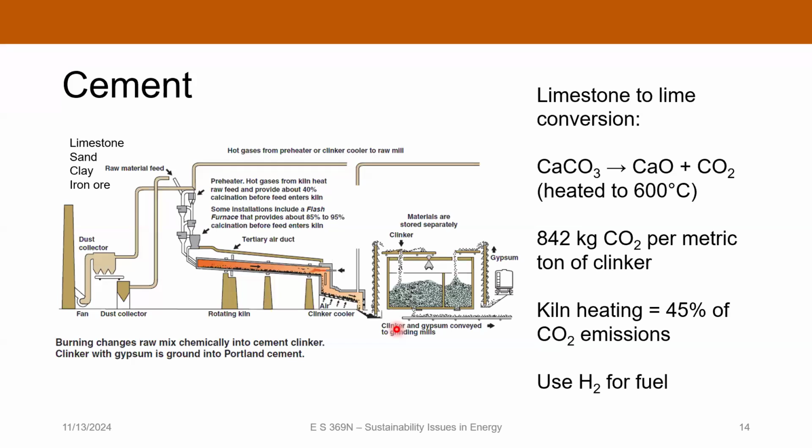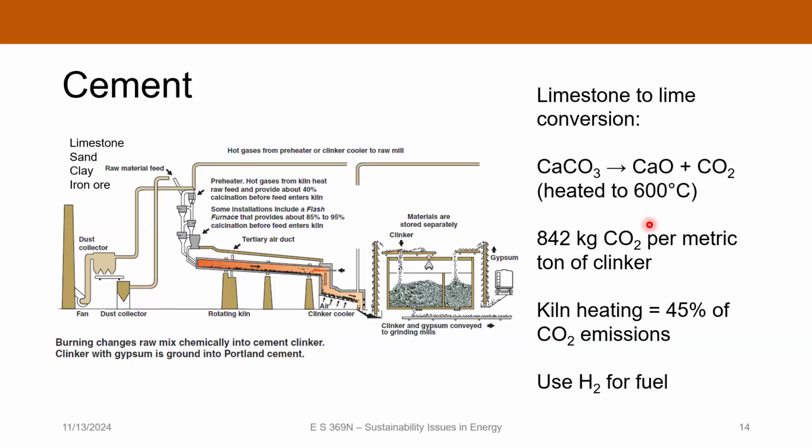Okay, so carbon dioxide, cement is one of these industries. The way the cement manufacturing process works is that you start off with your raw materials, which are generally limestone, sand, clay, and iron ore, and maybe some other additives. They are heated to a very high temperature, about 600 degrees Celsius, and run through a kiln.